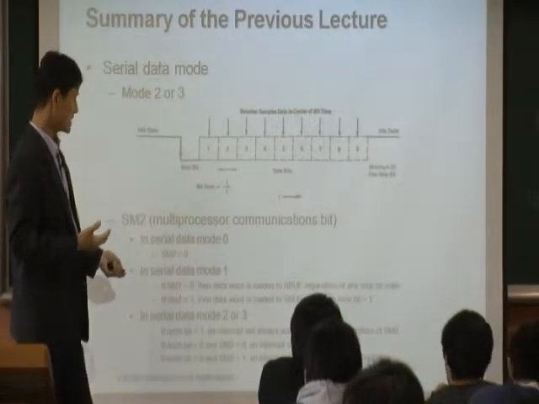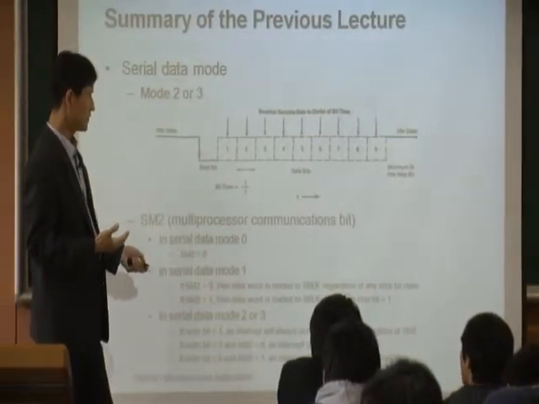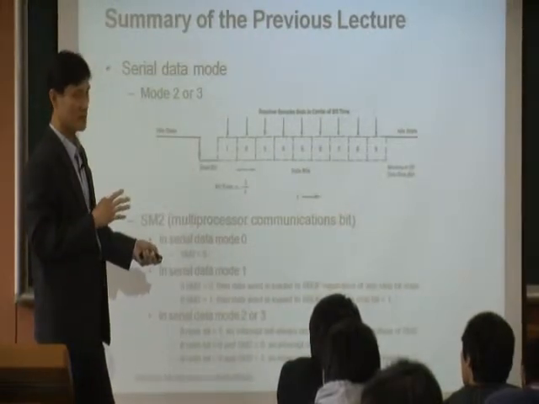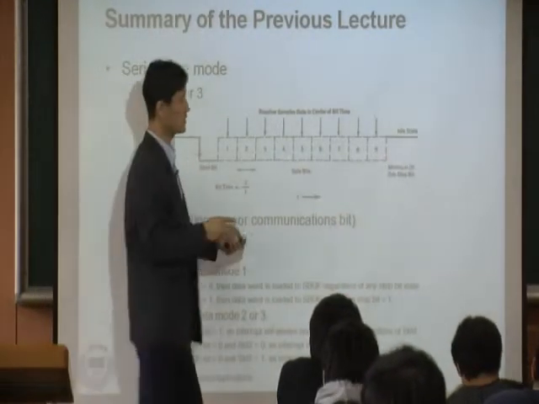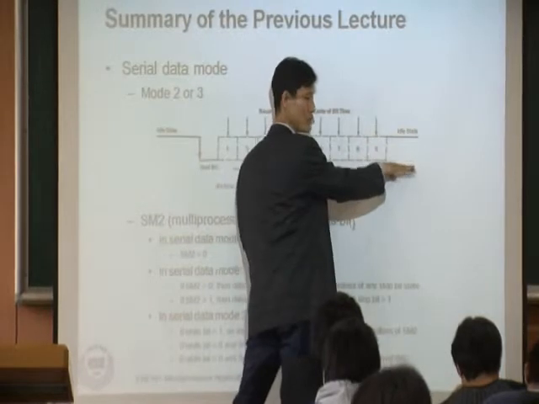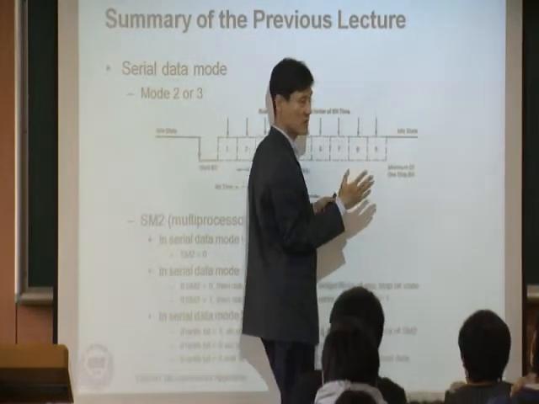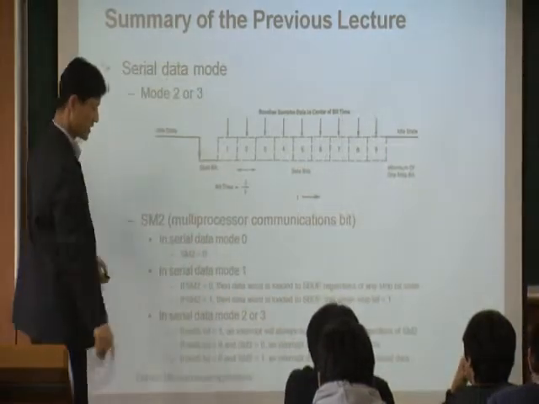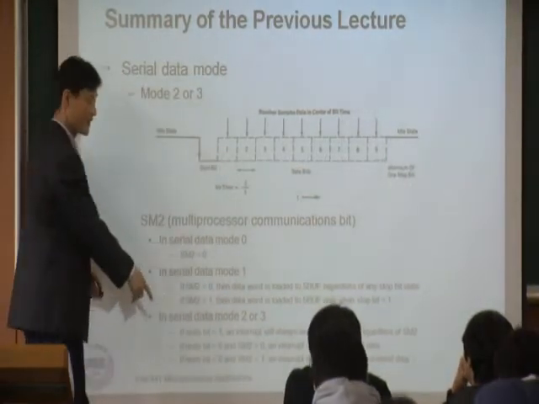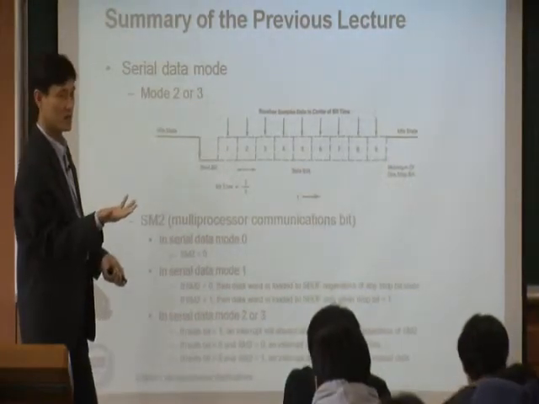When the SM2 bit equals 0, you are not checking the stop bit. Even though the stop bit goes down to 0, which is an error case, you don't care. You are not checking for errors. But if the SM2 bit is 1, then you are checking.